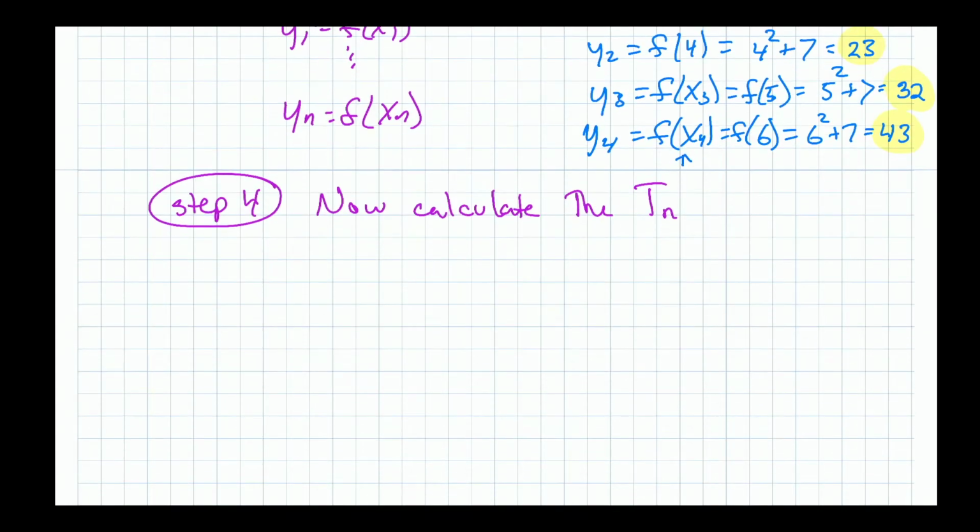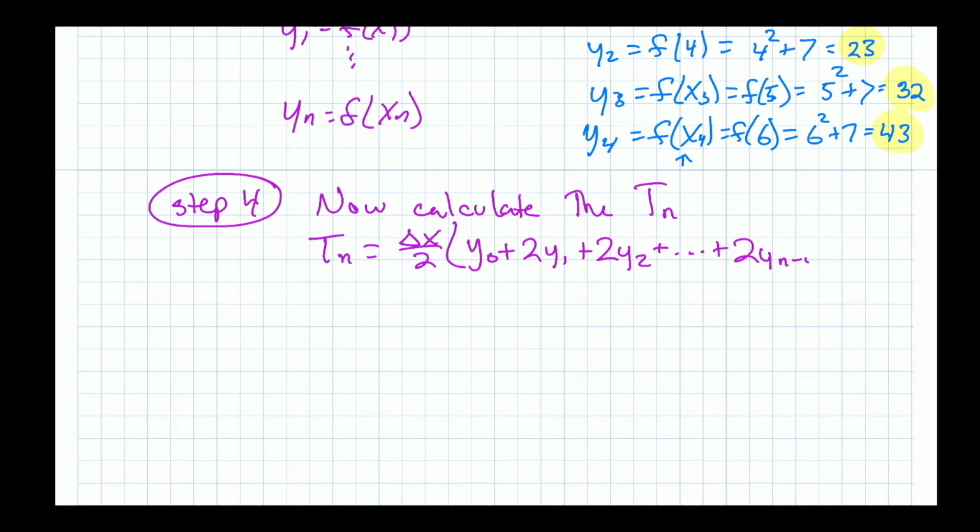Right, so we're using this formula: delta x over 2, times y0, 2y1, 2y2, dot dot dot, 2y n minus 1, and then y n.